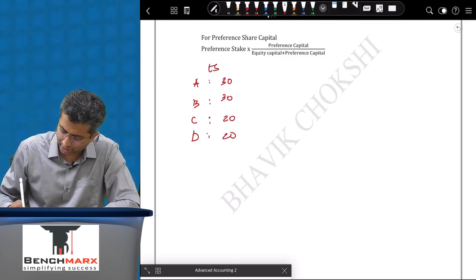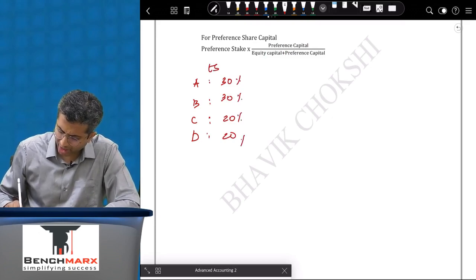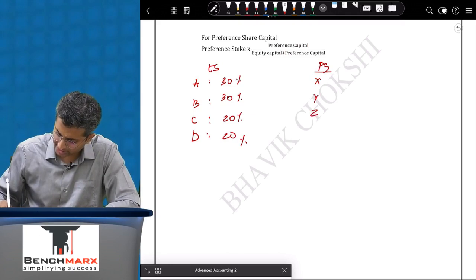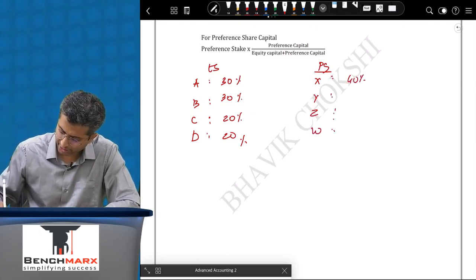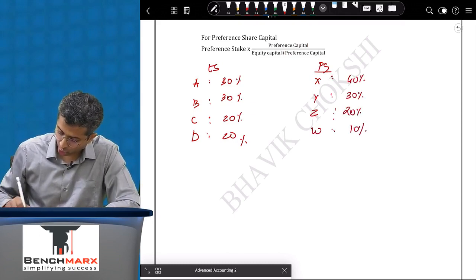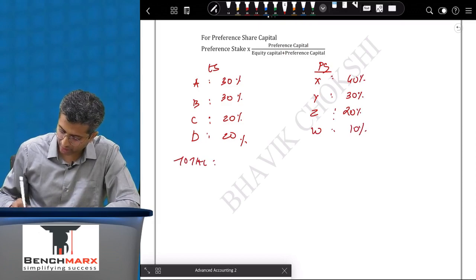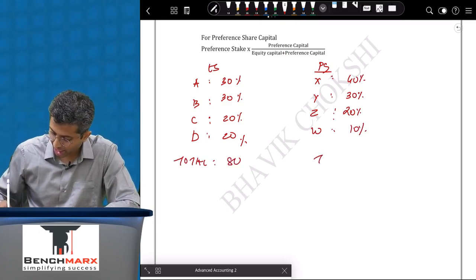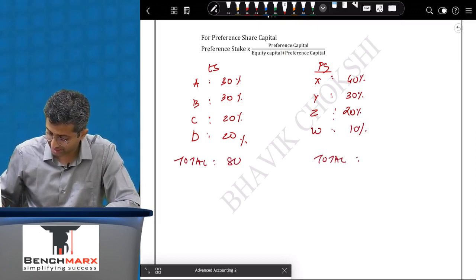These are equity shares, percent stake, and you have preference shares which are held by X, Y, Z and W to the extent of, let us say, 40, 30, 20 and 10. Total, if I go to see, the equity shares are 80 and the total preference shares, for example, are 40.